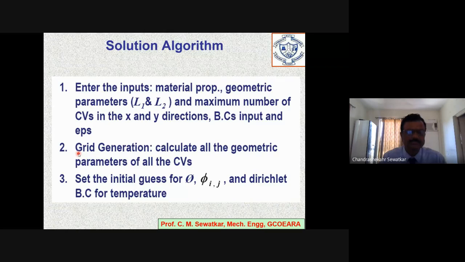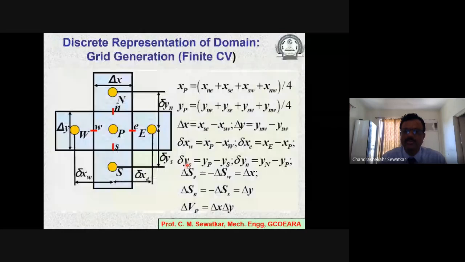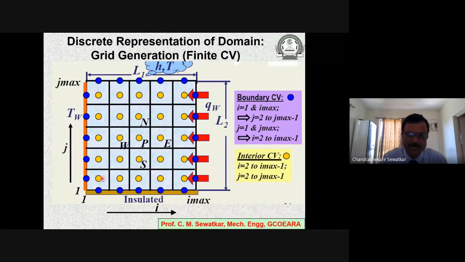The next step is grid generation. Calculate all the geometric parameters of all the control volumes. So these parameters which I talked about during grid generation, you need to calculate for all the cells. Do remember, these parameters are required to be determined for all the cells, and our objective is to determine the temperature at all the yellow cell centers.